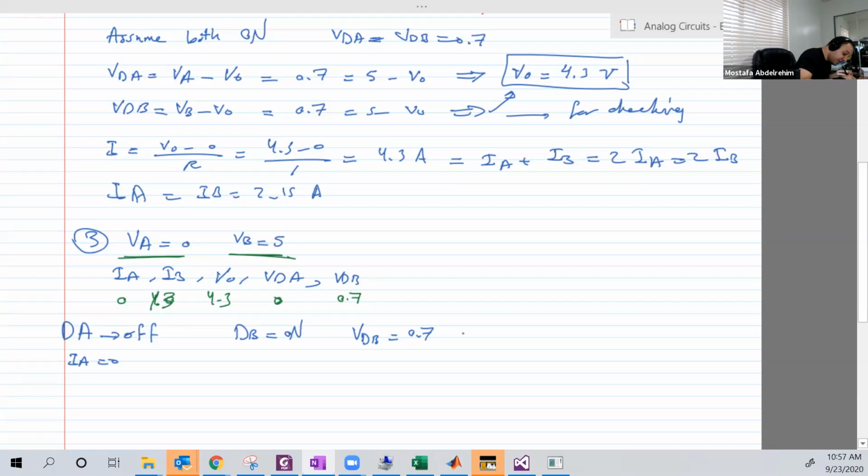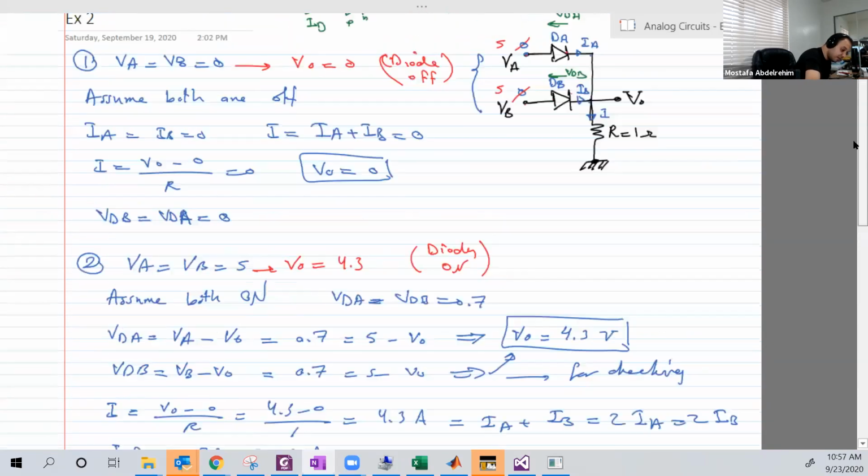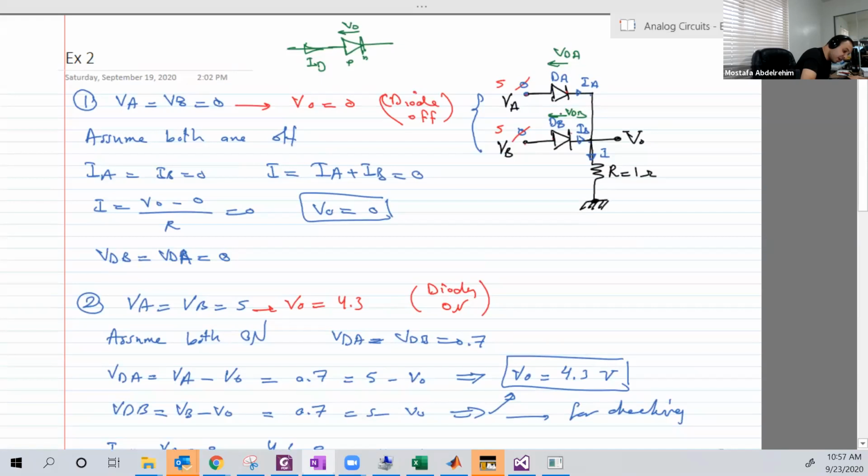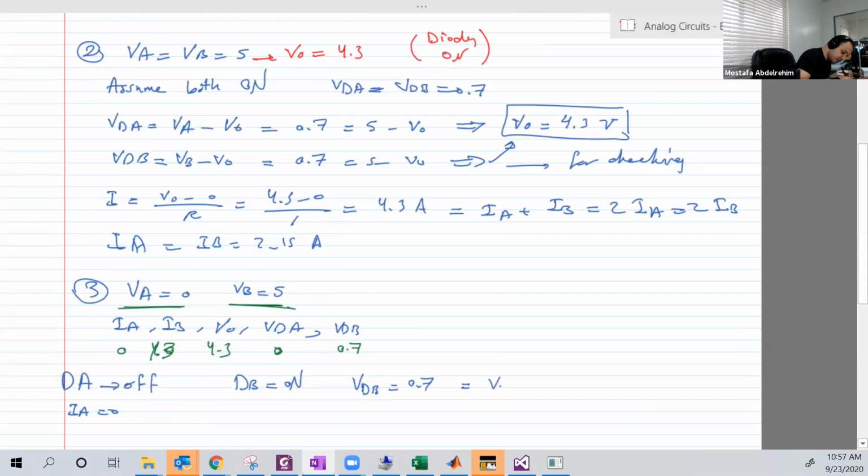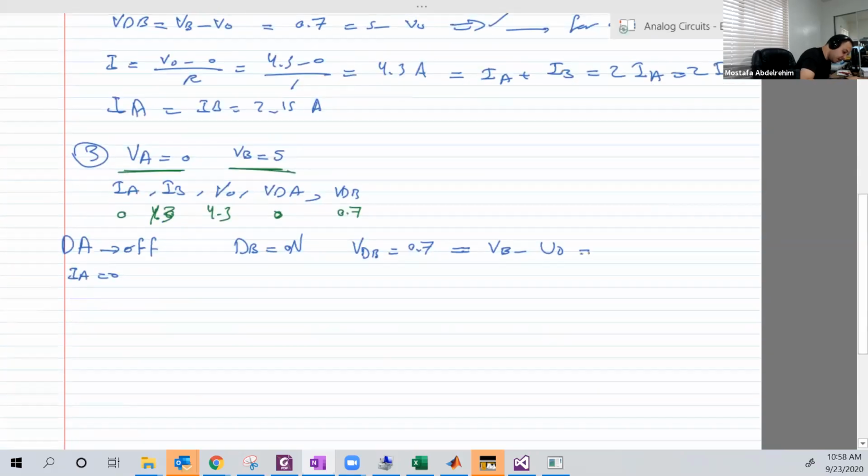Good. VDB is equal to VB minus VO. VO is not known, but VB is known as 5. So VO is equal to 4.3. That's right.